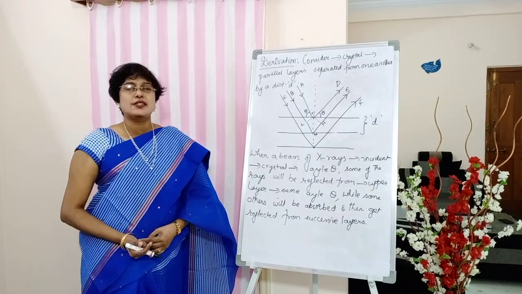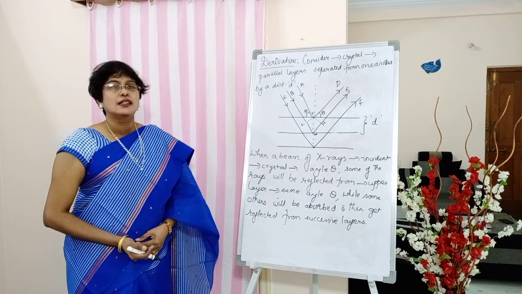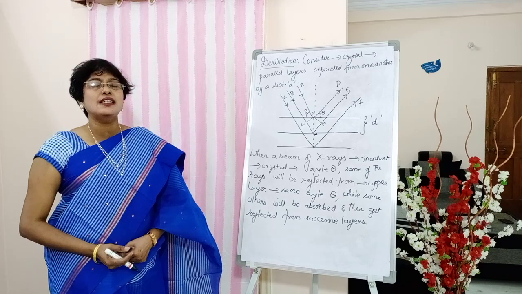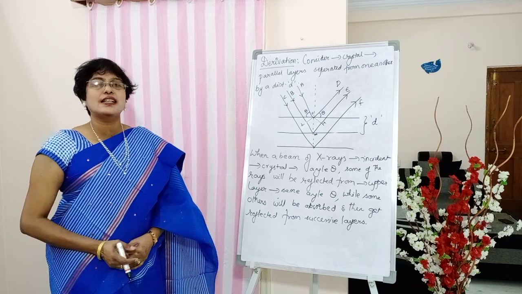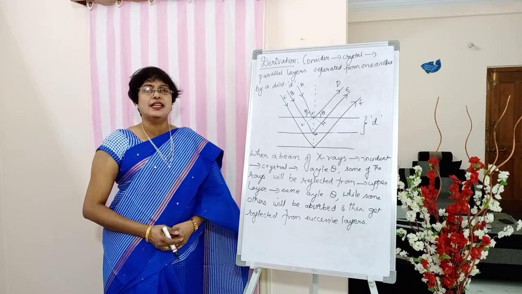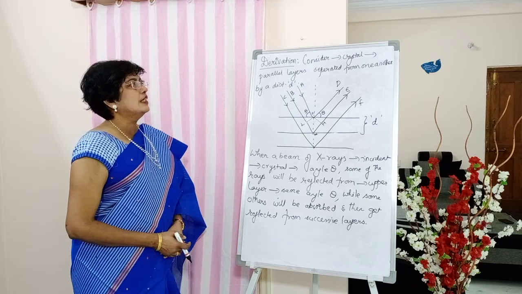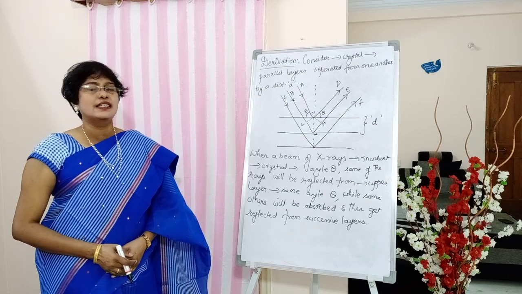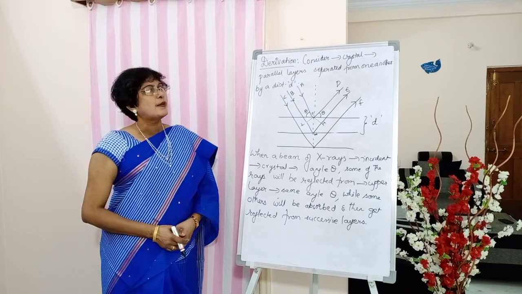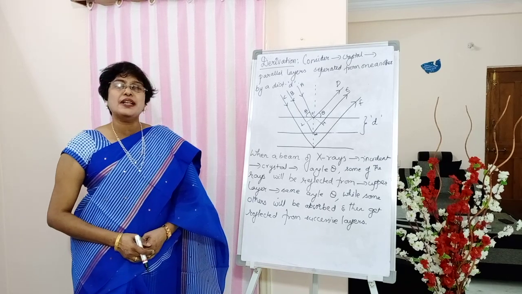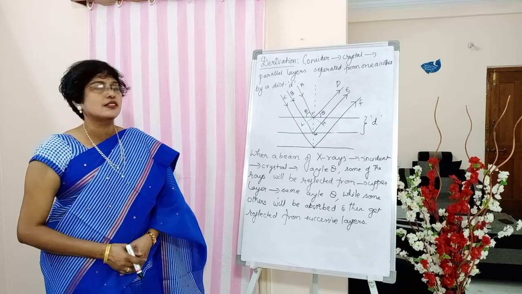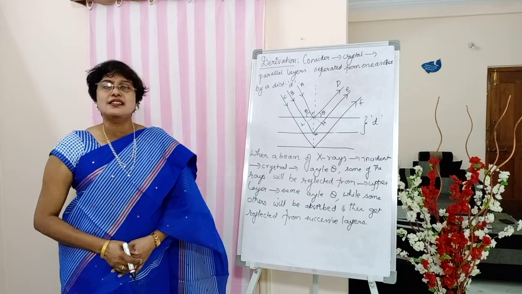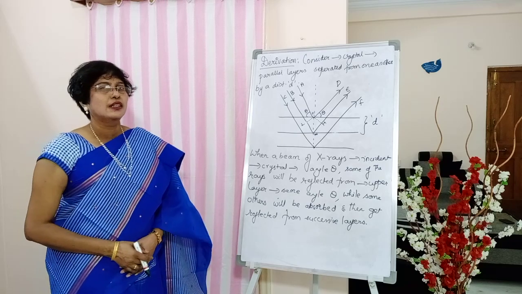Now put the side heading, students: derivation. Under this derivation, write down: let us consider a crystal having parallel layers separated from one another by a distance d, small letter d.